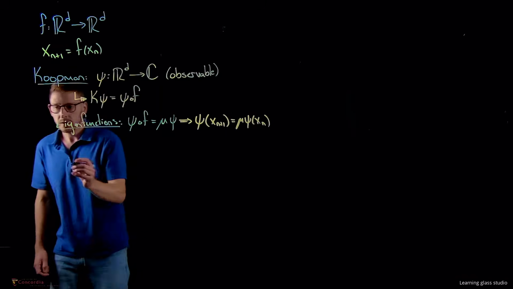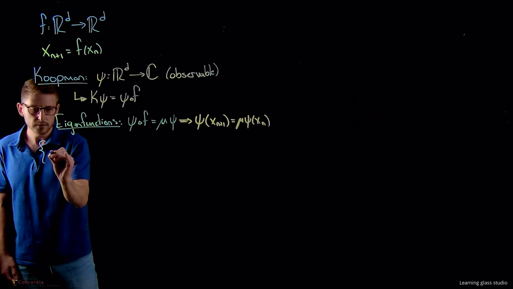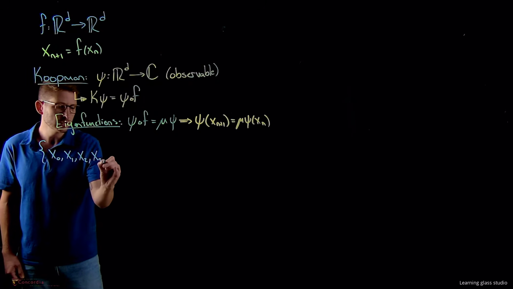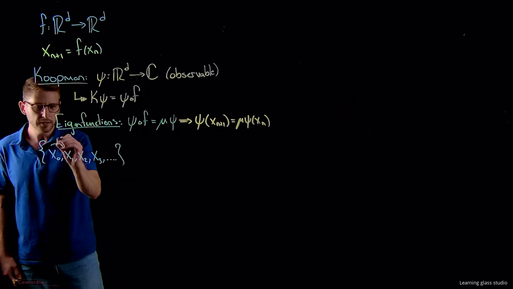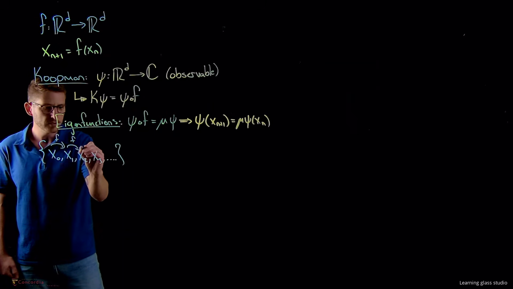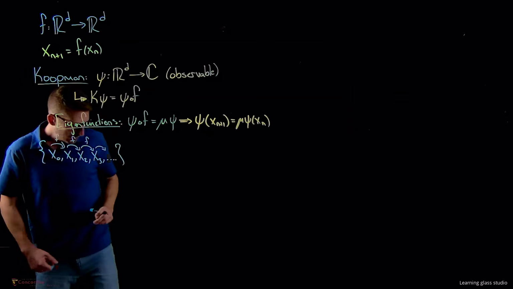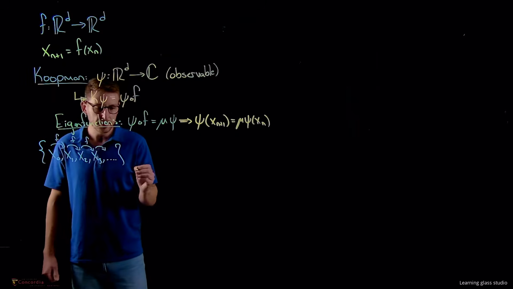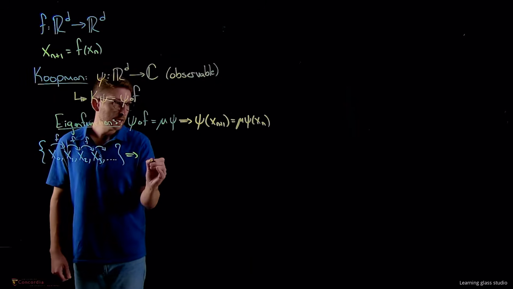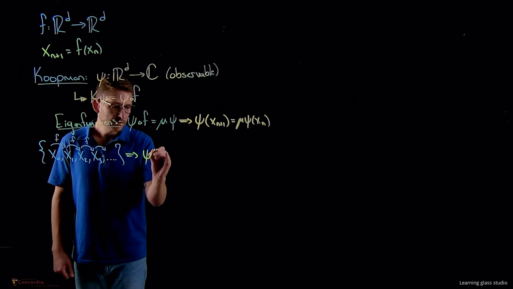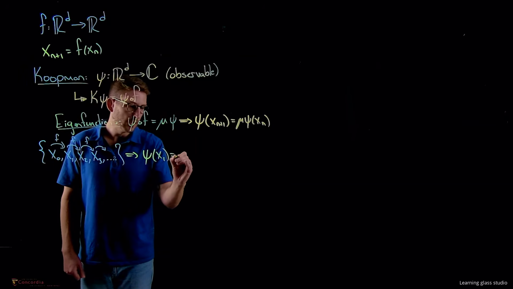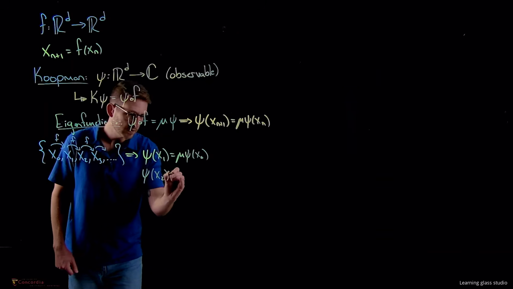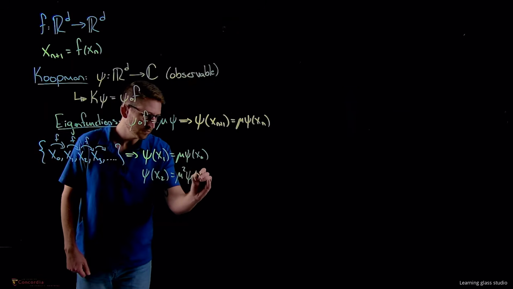And in particular, if I have an orbit, let's call it x_0, x_1, x_2, x_3, and so on, that are all mapped forward into each other by the function f, an orbit of a dynamical system, then if I look at psi dynamics inside of this thing, I could say that psi of x_1 is equal to mu psi of x_0. And psi of x_2 is equal to mu squared psi of x_0 through induction.